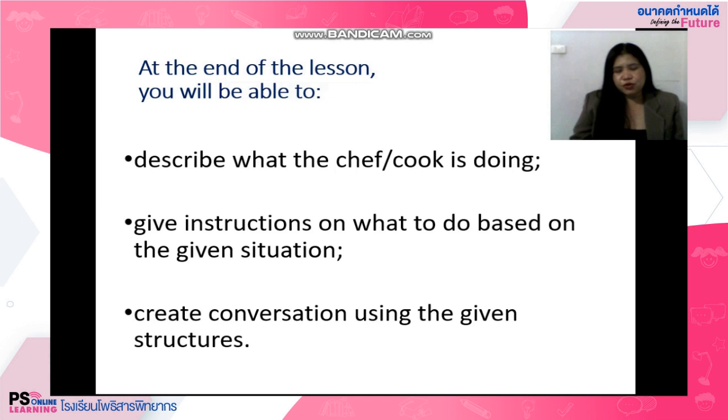And the last one, of course, as always, is create conversation using the given structures. Okay, because our topic, our subject is conversation. Of course, creating conversations are part of our lesson. Okay, so that's what you are going to do later. Don't worry and don't be intimidated by all these words.